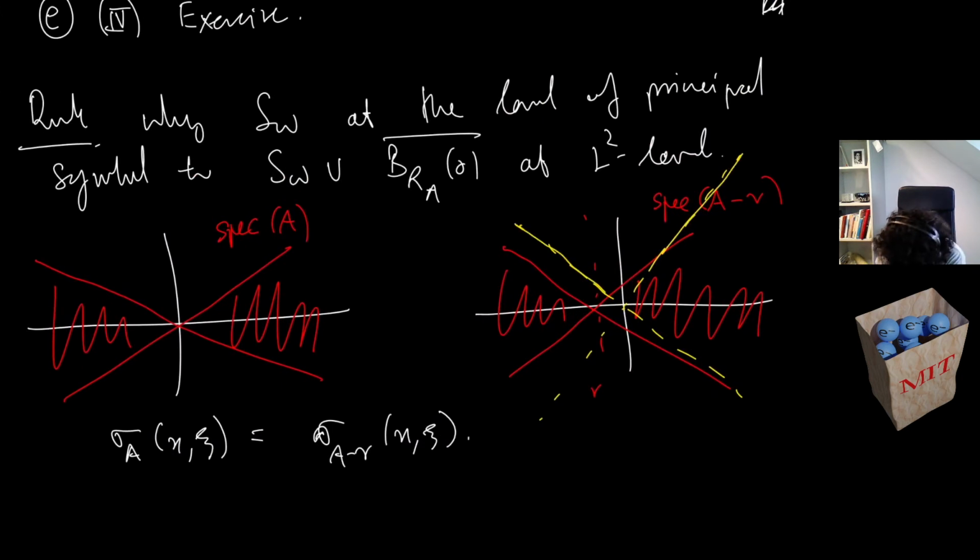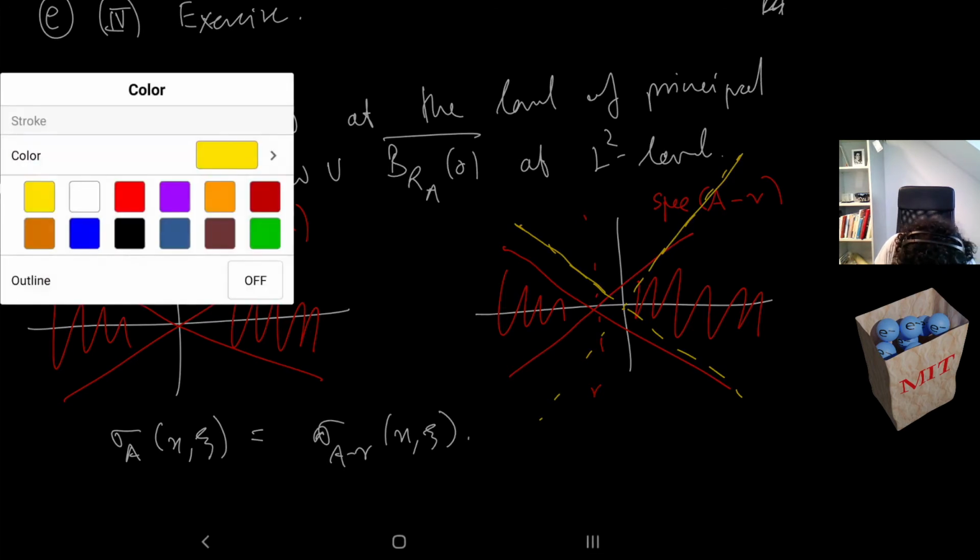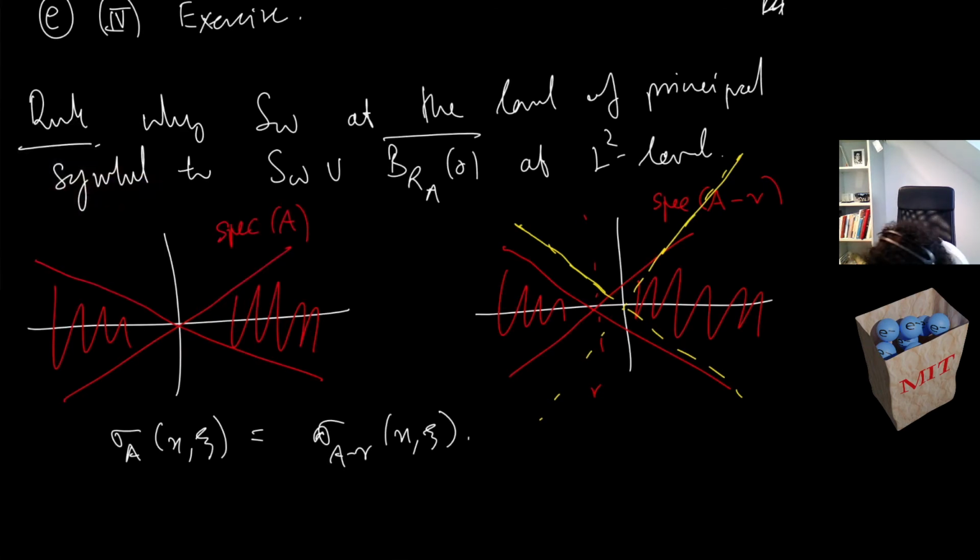Then we need to have some angle, but now we have some error term here, right? So now we have to have some error term here to account for the fact that we have a slightly larger angle. Okay, so we have to have this ball of radius R to account for the lower order terms.